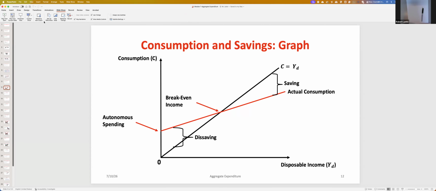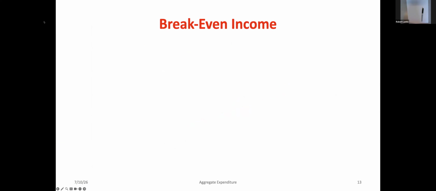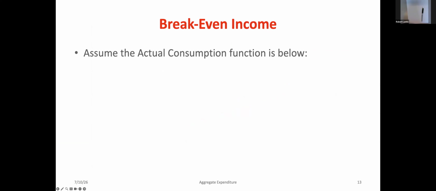Okay. So with that idea in mind, how do we find this break-even point? If we have an actual consumption function, we can think of this as the break-even level of consumption. We'll eventually talk about how we can translate this into real GDP. But let's say here's my consumption function.